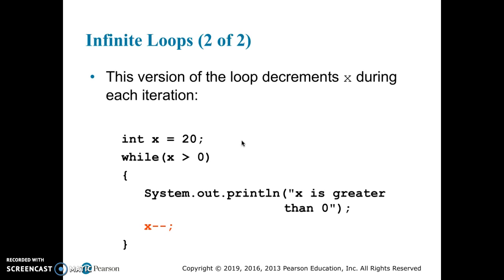The loop will go through 20 times until the value of x is 0. When the value of x is 1, it's going to go through the loop because 1 is greater than 0. When the value of x is 0, it's no longer greater than 0, and so it will then exit the loop.